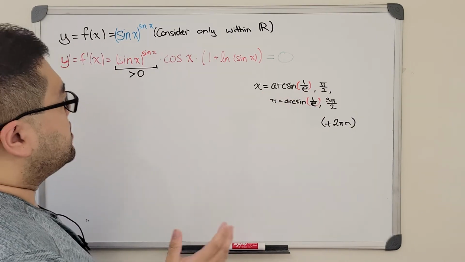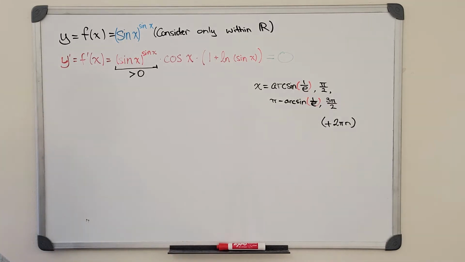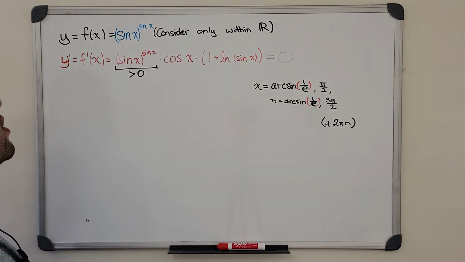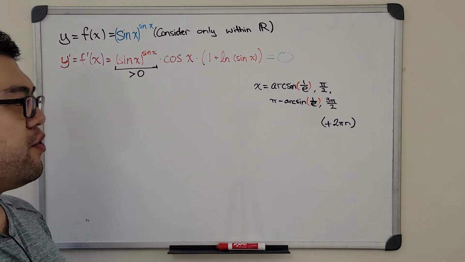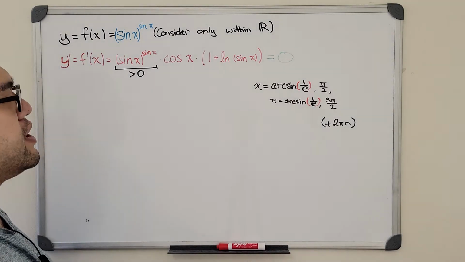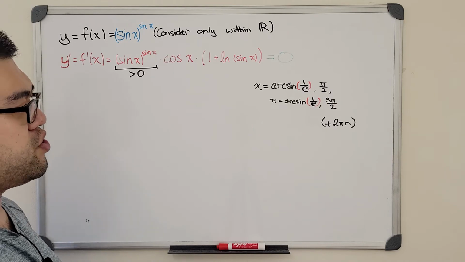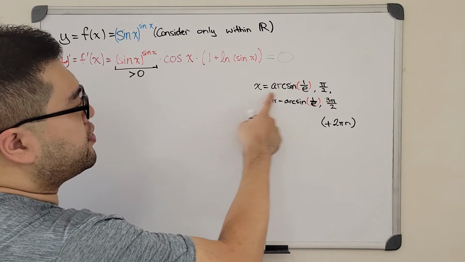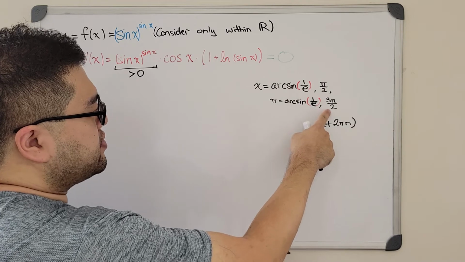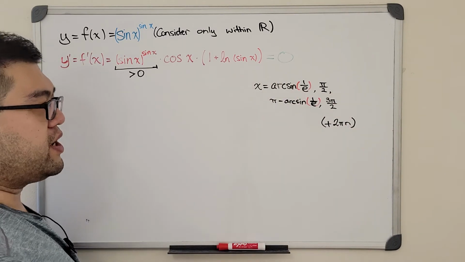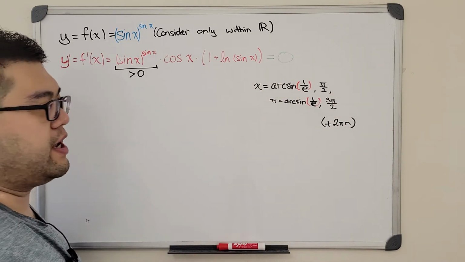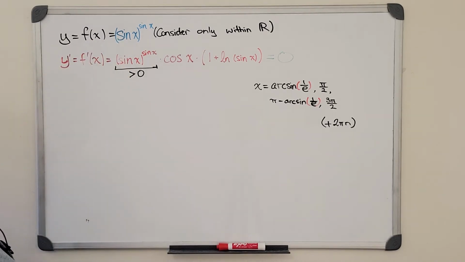What is the domain of the original function, sine of x raised to the sine of x power? Because again, the domain of the original function will determine whether there are any answers lying outside of the domain, which would be considered extraneous solutions. So how do we do it?